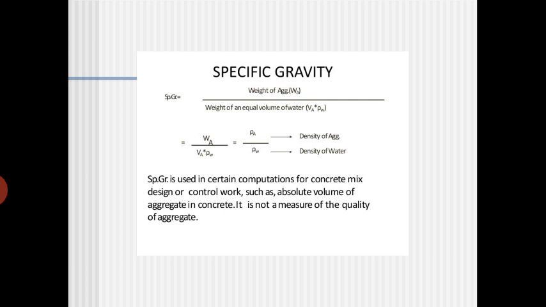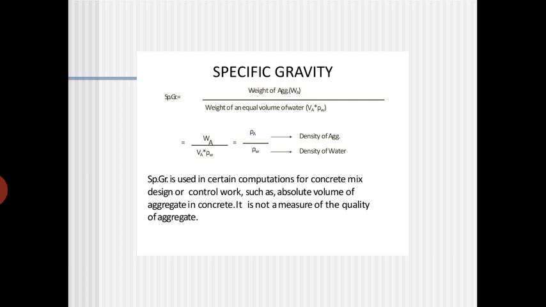Here we are considering the weight of the aggregate to the weight of an equal volume of water. So that is WA divided by the weight of an equal volume of water. The weight of the aggregate WA is equal to VA into rho W.